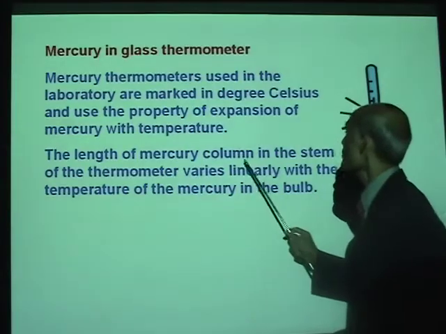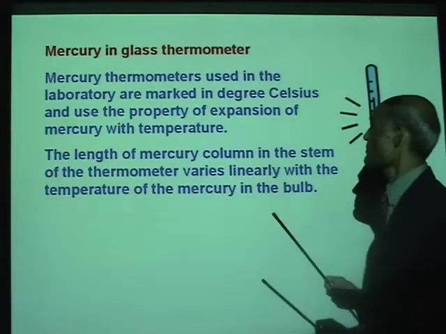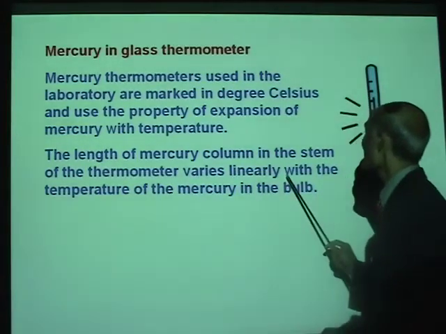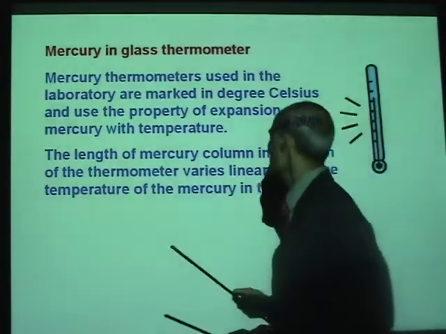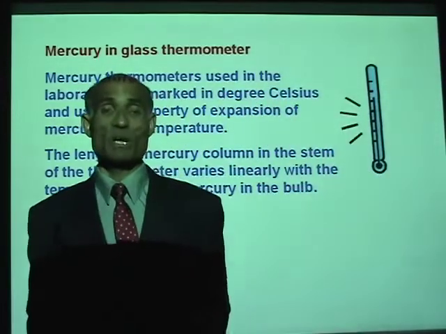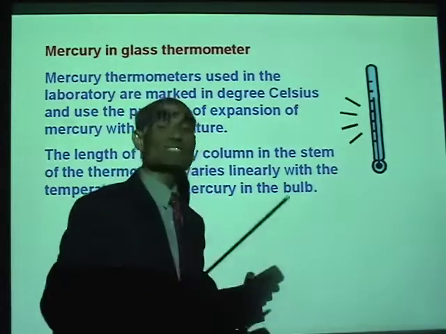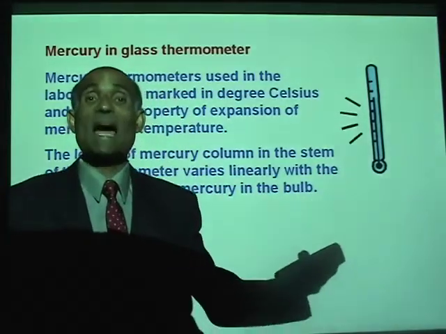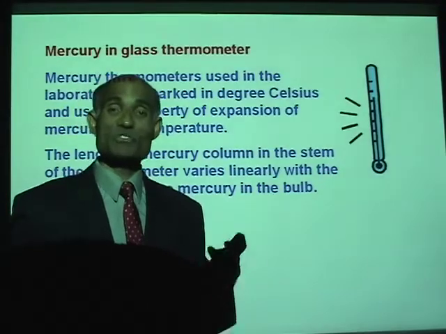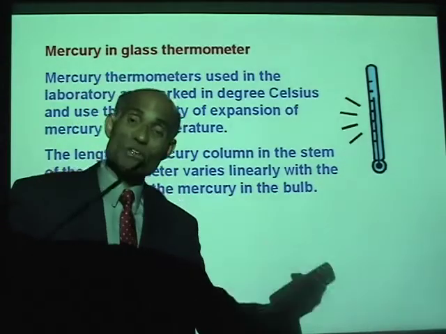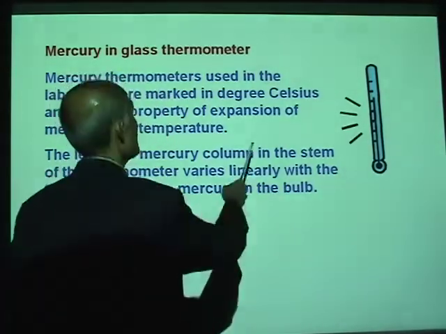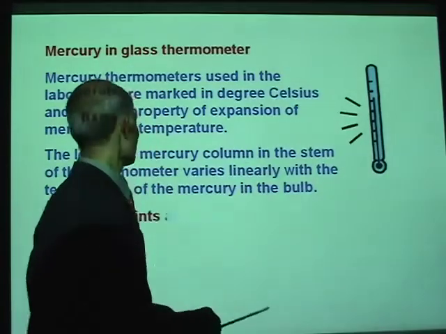The length of the mercury column in the stem of the thermometer varies linearly with the temperature of mercury in the tube. Now, the discussion I'm having with mercury is equally valid for alcohol. Alright? So, you can substitute alcohol with mercury at any time in this discussion.